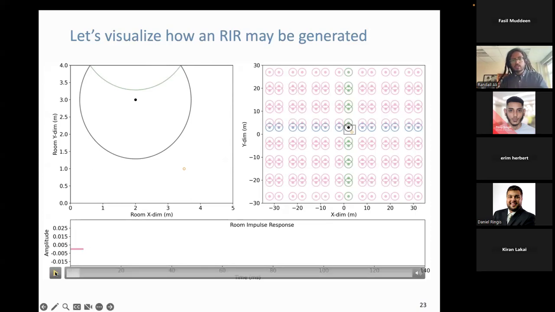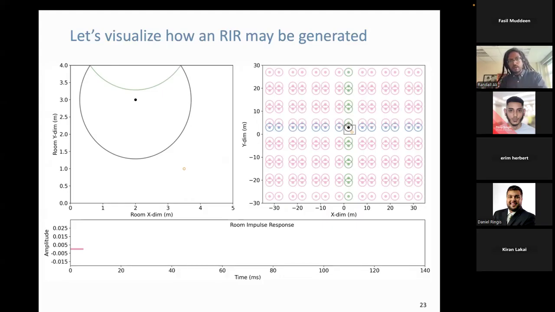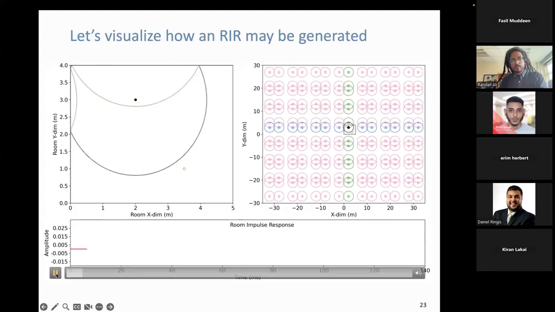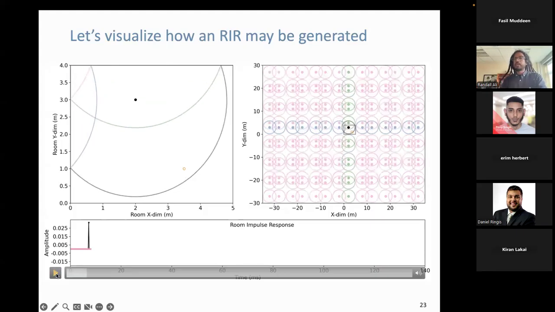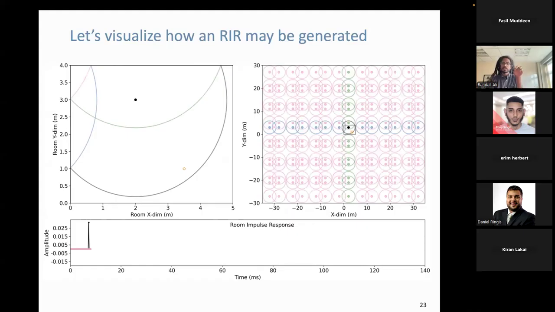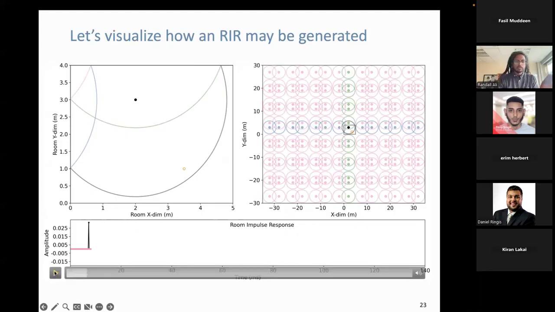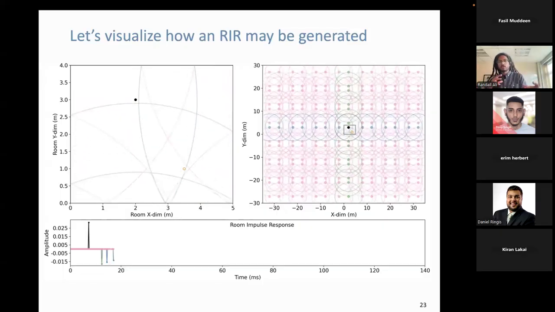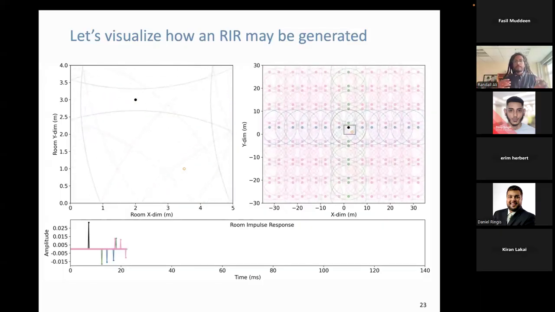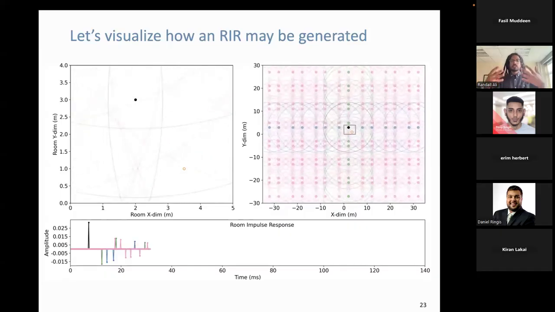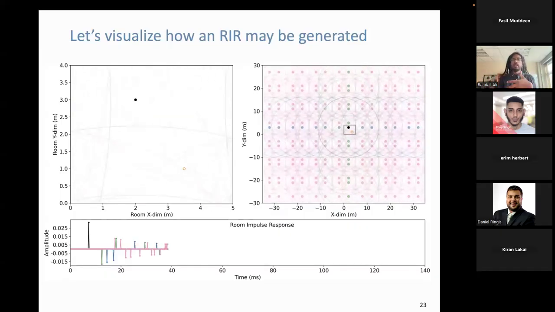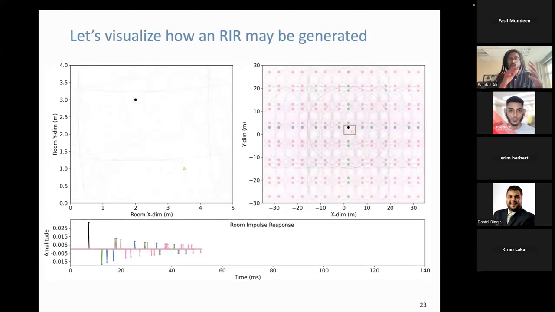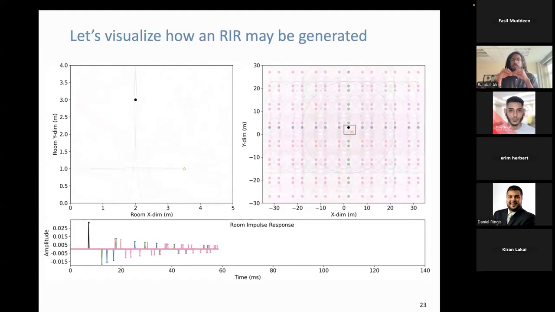And as soon as this initial sound from that sound source reaches the microphone, see there, I have a peak in my impulse response. So that's the first peak that I see. And if I run the animation, I see reflections happening all over the space over time. But the reflections slowly die out over time, which is why they become lighter in color on the top left animation, and they become smaller in amplitude.